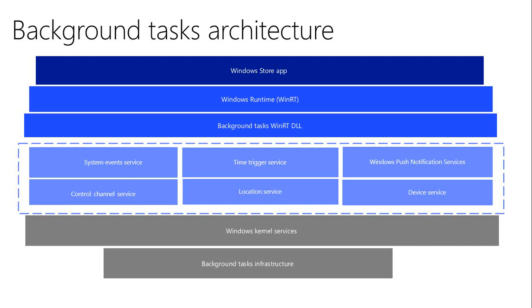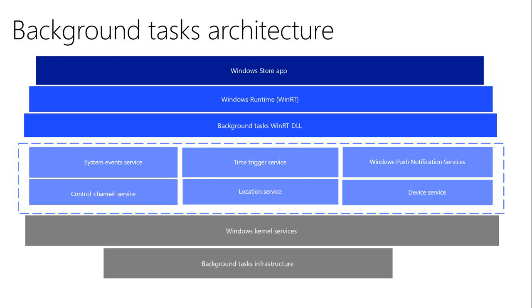So basically, you need an app builder class. You need a builder class to run the background application, and you need to register your background tasks. You need to have a trigger, a class name, an entry point, conditions, and triggers.